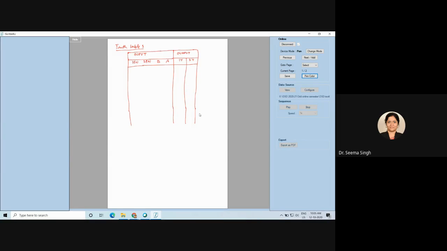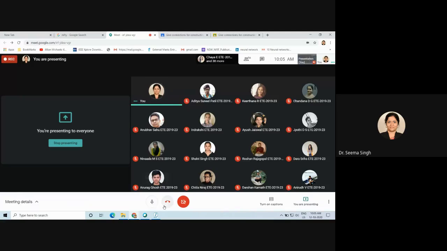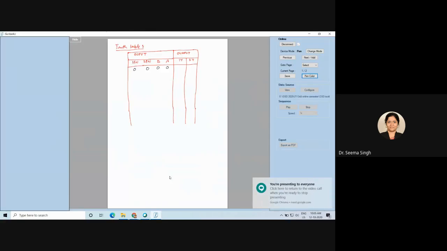How many possibilities will be there for 4 variables? 16, ma'am. Yes, 16. So let us write, but do not jump to write all very fast because at the end we will be having some shortcuts. Okay. So this one, what will be 1Y and 2Y?